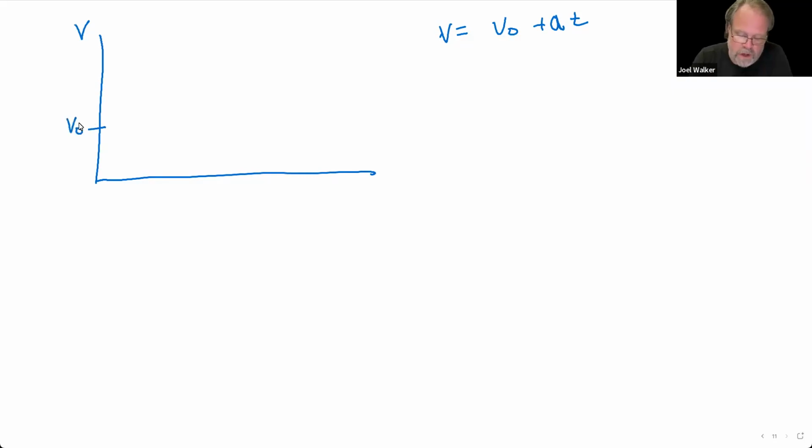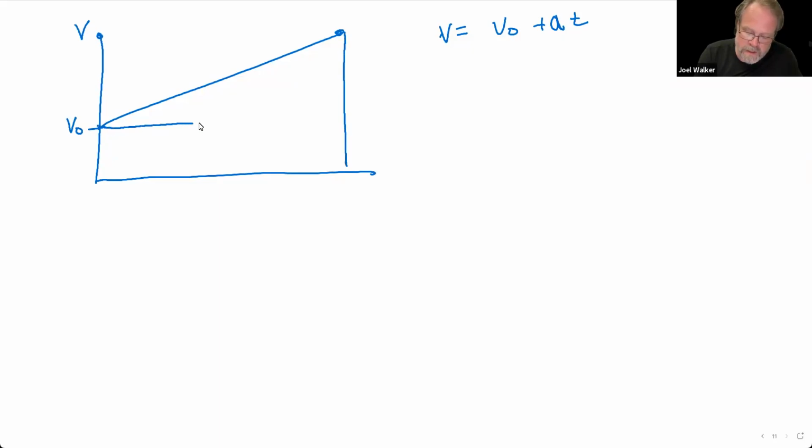V naught is our y-intercept. V is our final velocity. And we have a slope of the line whose slope is a constant slope because we're dealing with constant acceleration in the kinematic equations, whose slope is meters per second rise over seconds run, in other words, meters per second squared, whose slope is the acceleration.